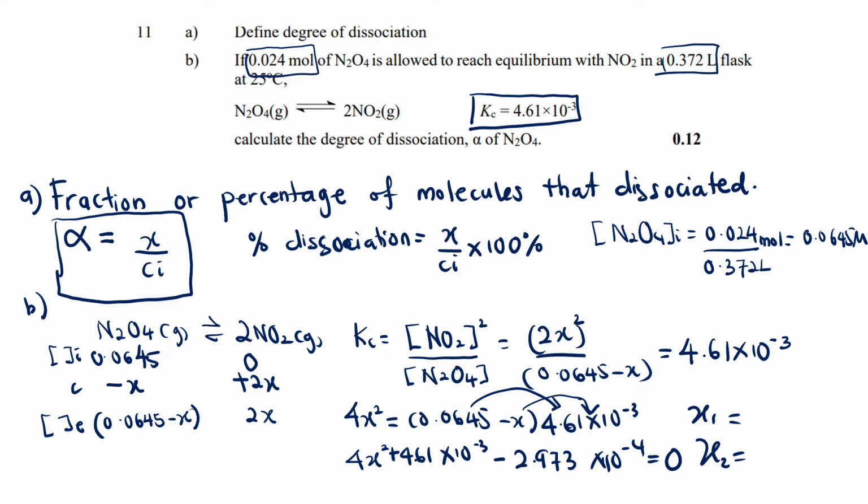We use quadratic expression. Our quadratic expression is 4x square plus 4.61 exponential negative 3 x minus 2.973 exponential negative 4 equal to 0.